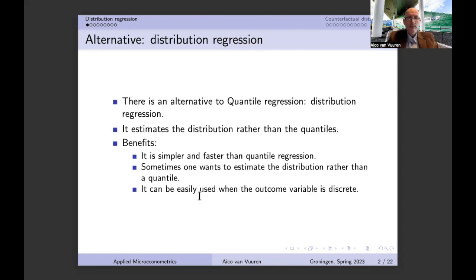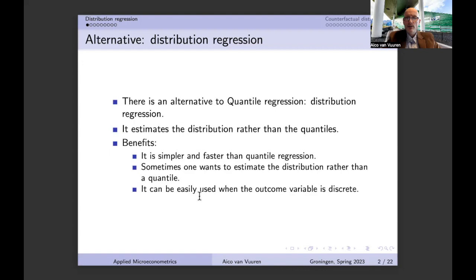And then finally, you should realize that distribution regression can be easily used when the outcome variable is discrete. Even though I haven't said that yet, you should realize that quantile regression cannot be done at the moment that you have a discrete outcome variable. Especially when you have a binary outcome variable, you cannot do standard quantile regression.